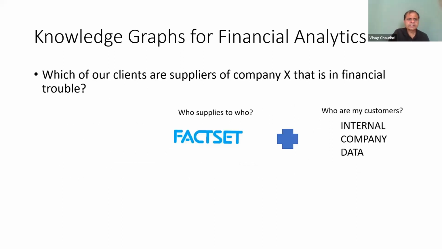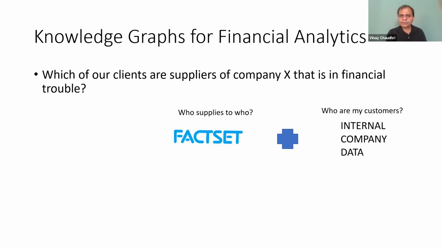So let's take this question: which of our clients are suppliers of company X that is in financial trouble? To answer this question, we first of all would need information about the suppliers. In this case, it turns out that FactSet is a commercial data vendor who curates the supply chain relationships.